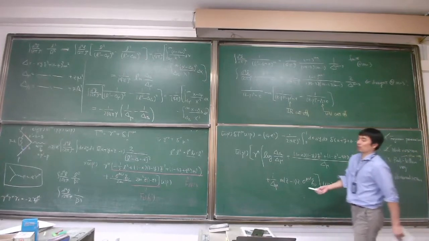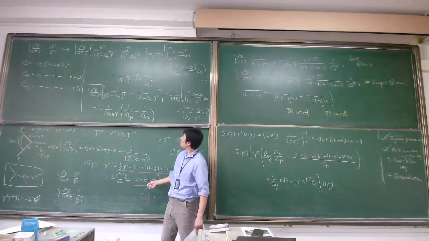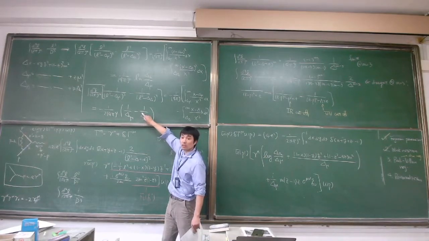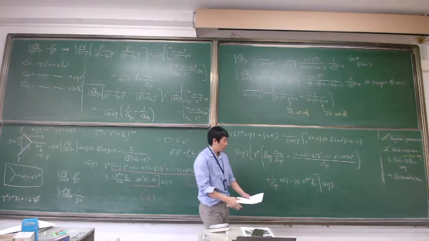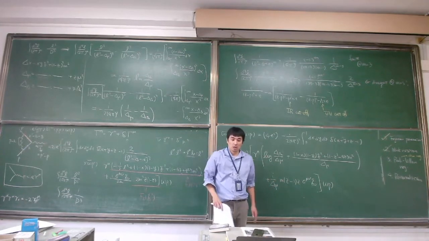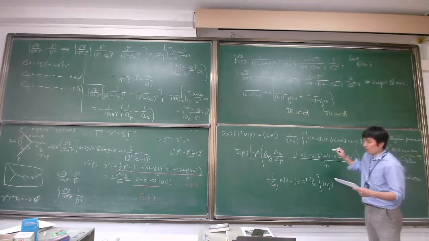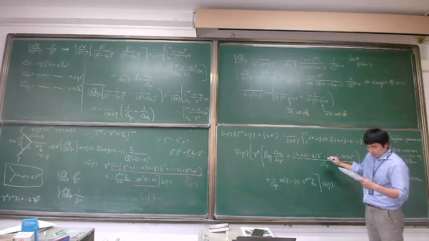Here there's no integral, no dependence on L, so you just use this result, and then you just have a 1 over delta mu in here. We know that this one will give you F1 of Q squared, and this is F2.